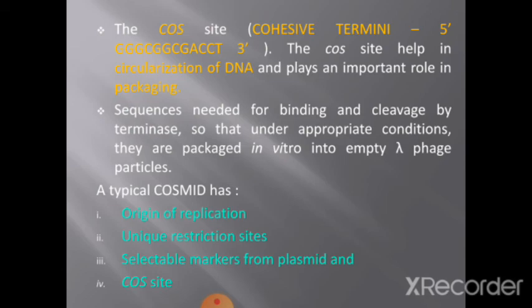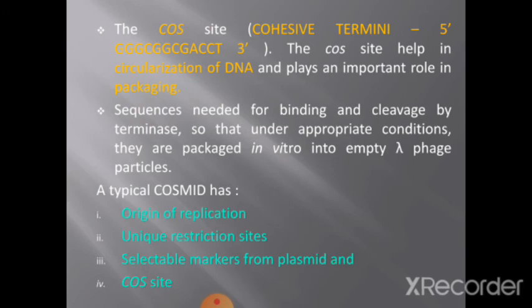Then, second thing, sequences needed for binding and cleavage by terminase, so that under appropriate conditions they are packed in vitro into empty phage particles. Alright. So, these are the two things that are needed from lambda phage DNA.